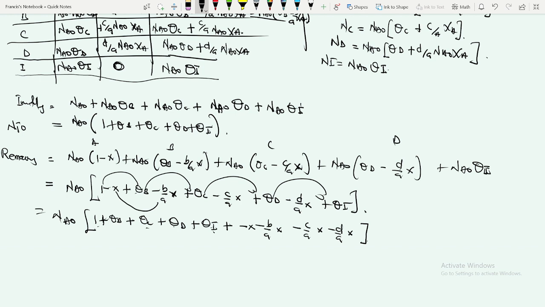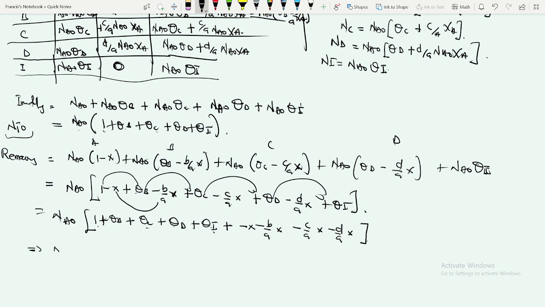Right. So we can see that we have 1 plus theta B plus theta C plus theta D plus theta I here. And NT naught is Na naught multiplying 1 plus theta B plus theta C plus theta D plus theta I. We can actually fit NT naught into this. But to make it very easy and clear enough, this is what I'm going to do. The Na naught here multiplies everything in the bracket, right?